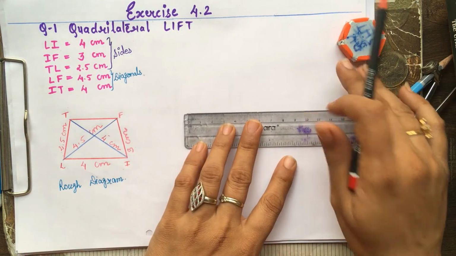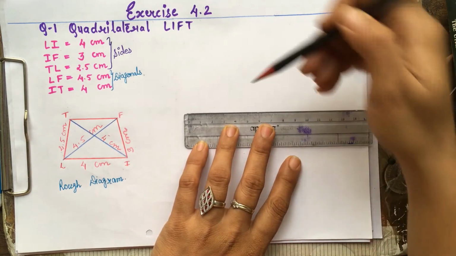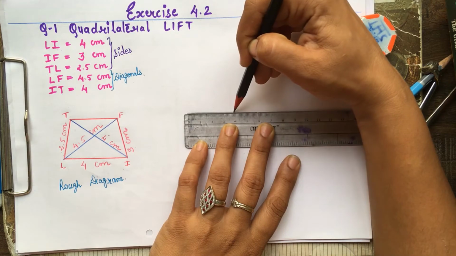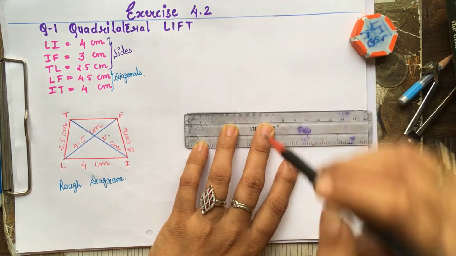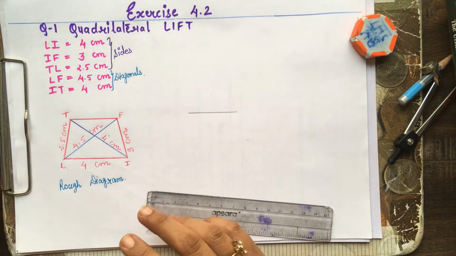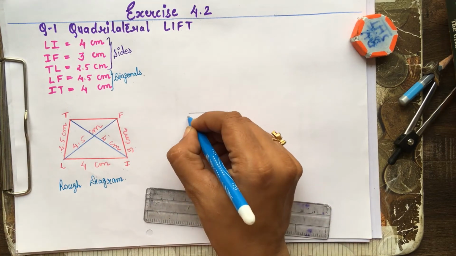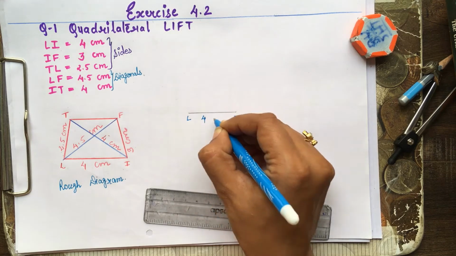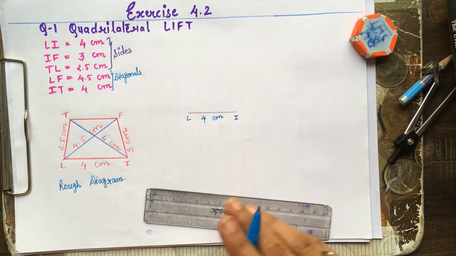So here I'll draw a line segment with the length of 4 cm and I will name it as LI 4 cm.